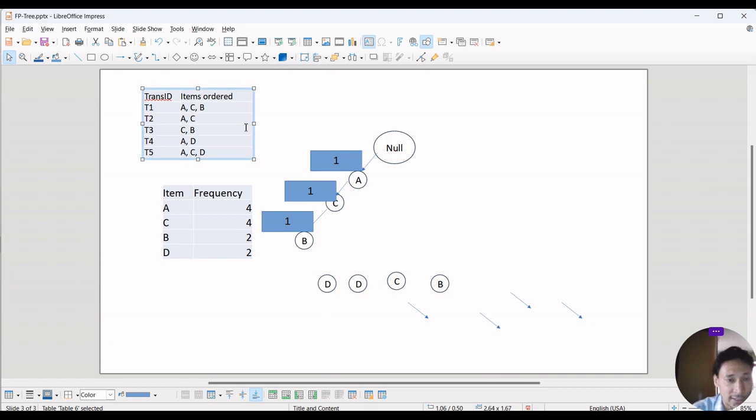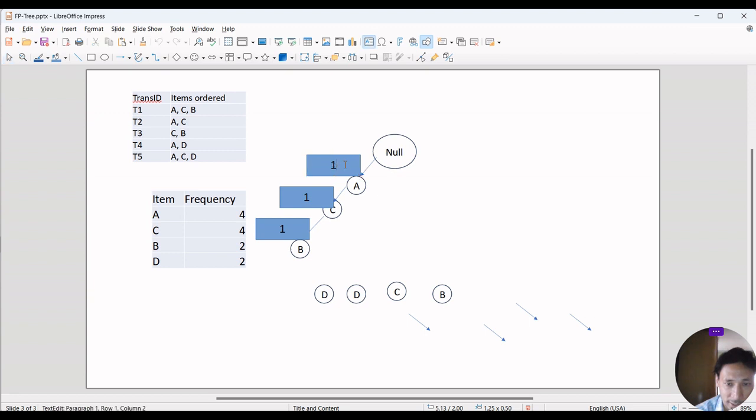In case of the second transaction, the first item is A, and we already have a branch which starts with A. So we will increment the value of A by 1 here. Now after A we are having C in this branch, and in this transaction also we are having C. So after A there is C, so simply we will increase the count of C also.